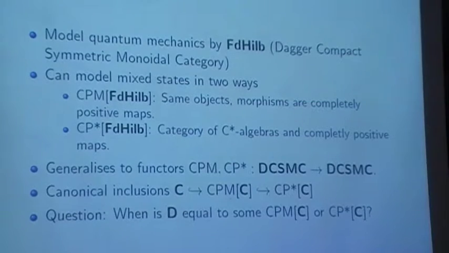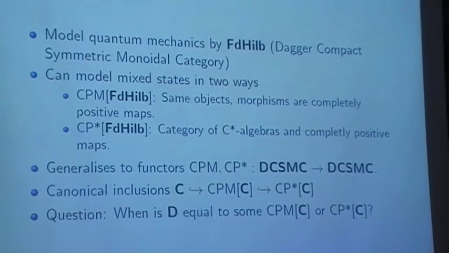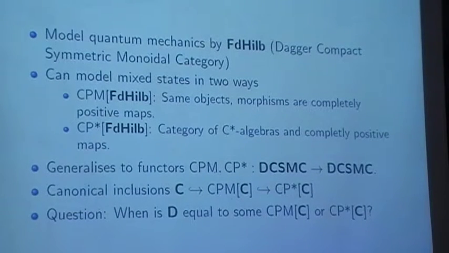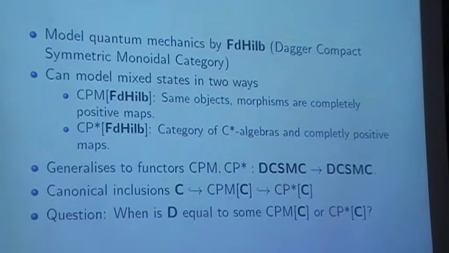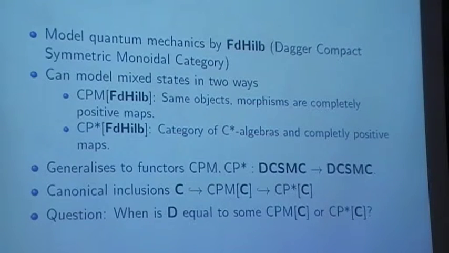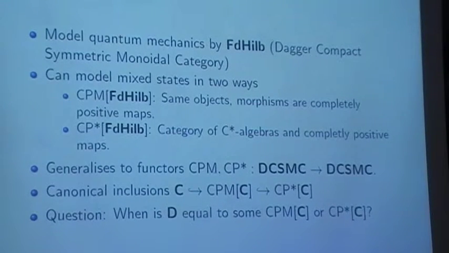And in this talk, I'm going to talk about introducing mixed states, ones which have some kind of probabilistic nature to them. So there's some uncertainty about what they do to each state. And there's two different ways that people have come up with for modelling this. One of them is CPM, and you just have the same objects, the finite dimensional Hilbert spaces, and you take the morphisms to be the completely positive maps.